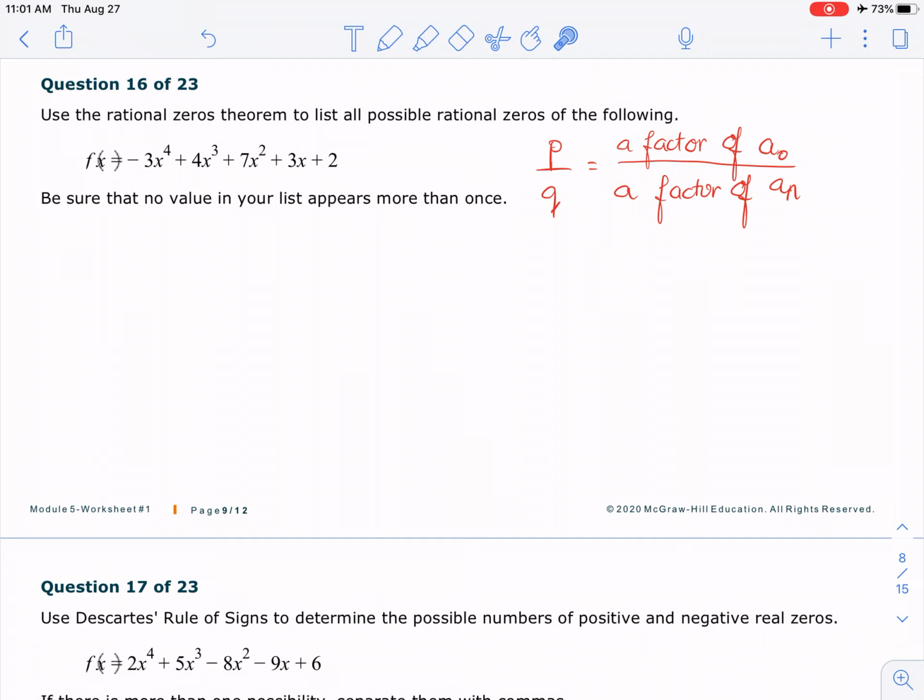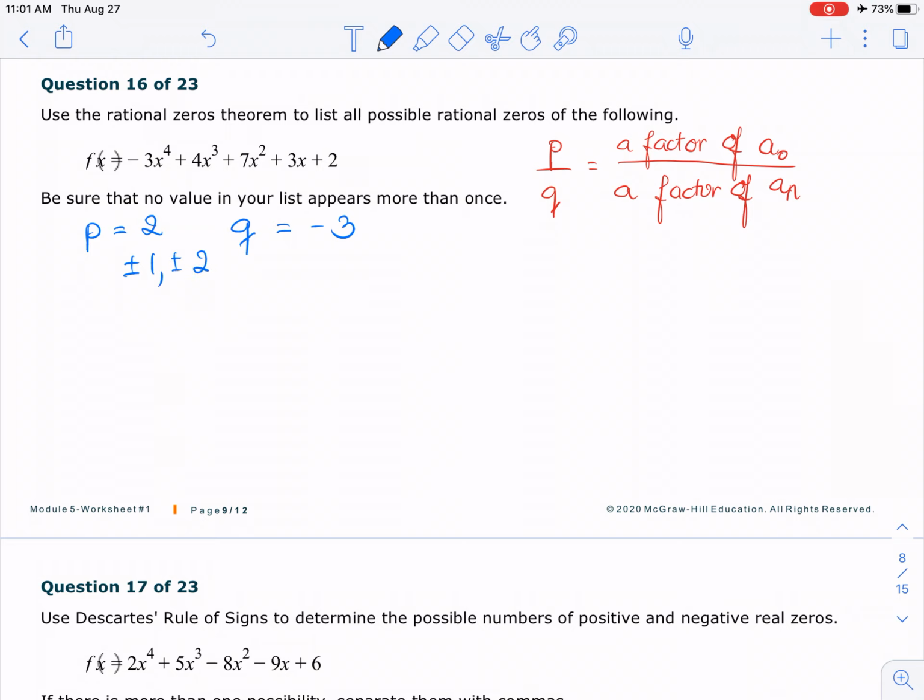All right, so we have P in this case is 2, and Q is -3. The factors of 2 are plus and minus 1 and plus and minus 2.